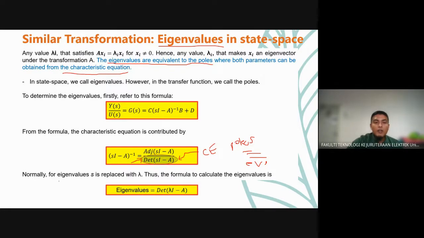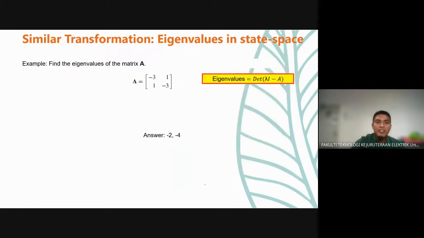Normally for eigenvalues, s is replaced with lambda. Then the formula to calculate the eigenvalues is the determinant of lambda I minus A. Same thing. So this example: find the eigenvalues of the matrix A. We use the same formula, determinant of lambda I minus A. Lambda is multiplied by I, the identity matrix.